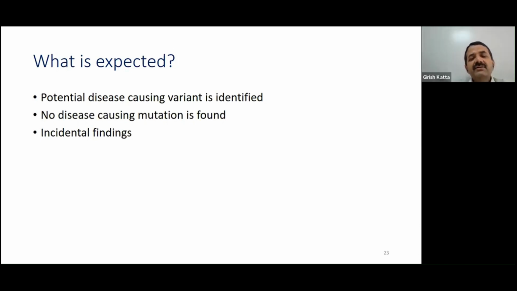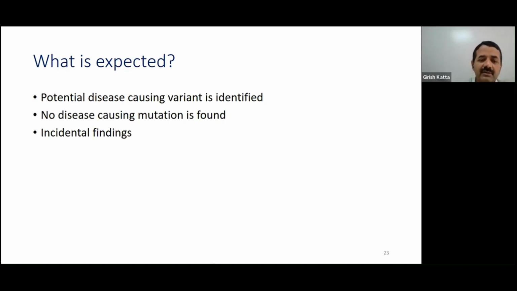These things may be returned to the patient. The American College of Medical Genetics and Genomics recommends these are returned to the patients with the appropriate counseling. But there are opposing views as well, because it puts a lot of burden on the hospital counselors and the clinician and even the families. So this is another outcome. It depends on the institution's policy or the country's policy whether incidental findings are returned or not.